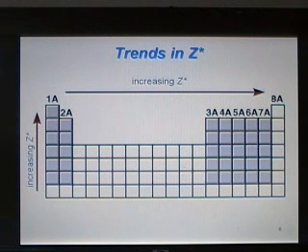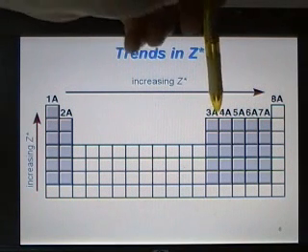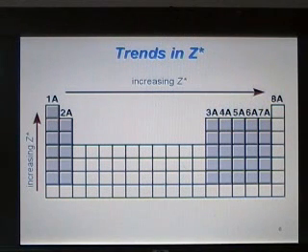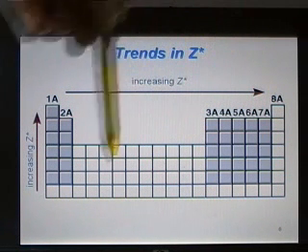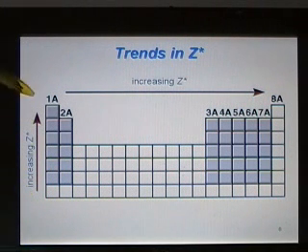The number of protons increases by 1 with each sequential element. If you remember, the contribution to the shielding constant for electrons in the same group is much smaller than if you have groups with n-1 or n-2 principal quantum numbers. So, the effective nuclear charge increases from left to right across the periodic table and from the bottom towards the top.